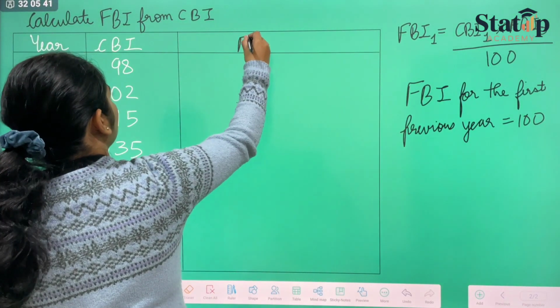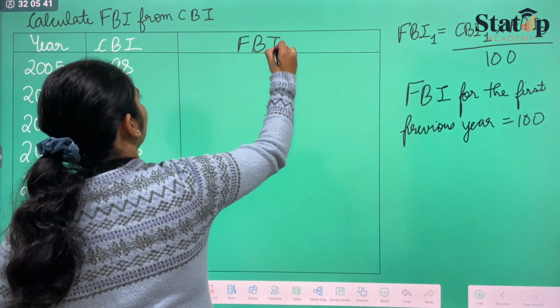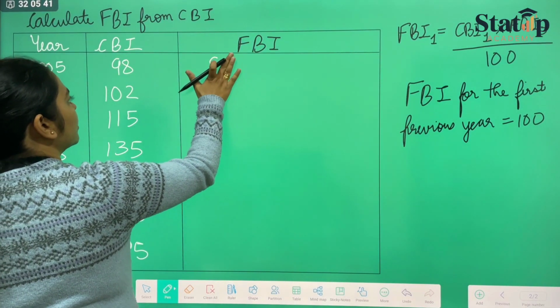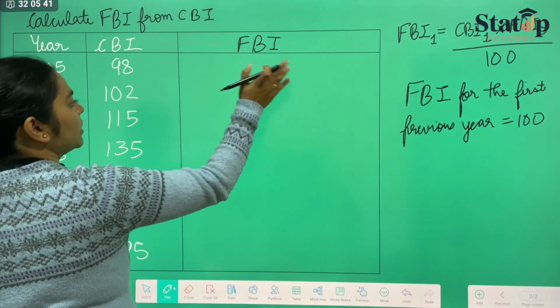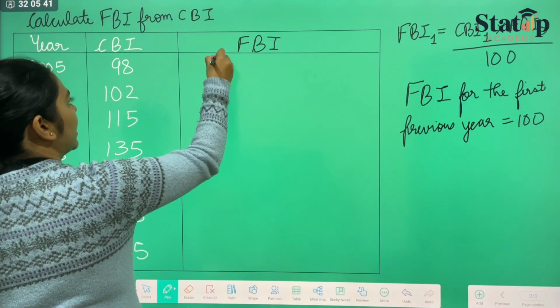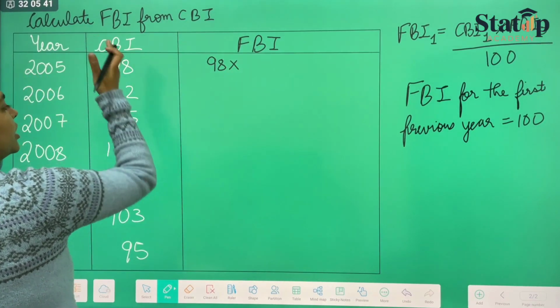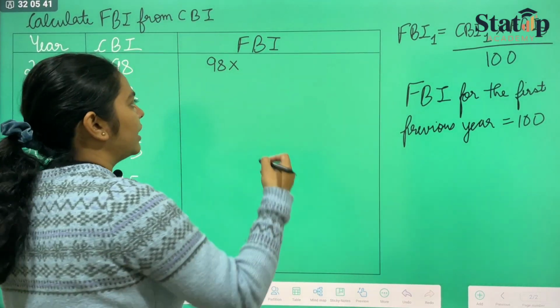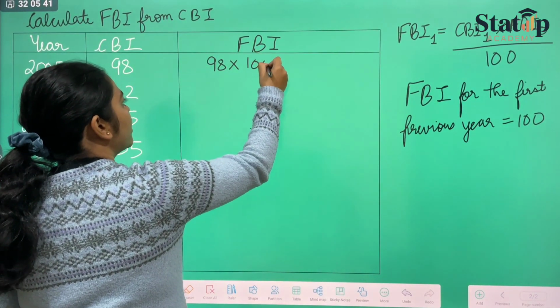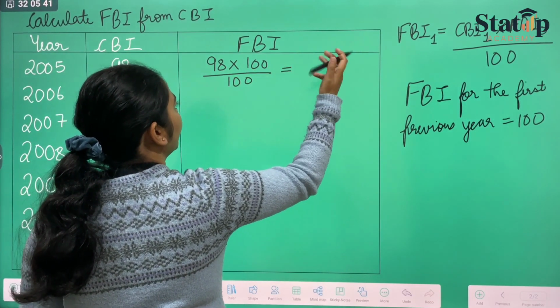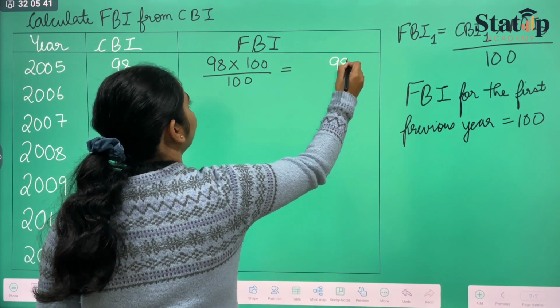So the fixed base index we will calculate here. The formula is chain base index of the current year, which is 98, into fixed base index of the previous year. Previous year, as I've told you, for the first one we take as 100, so 98 into 100 upon 100. So it will give us nothing but 98 only.